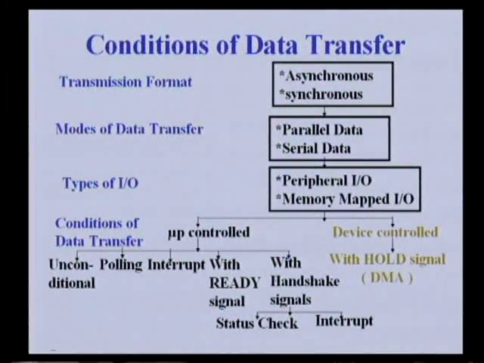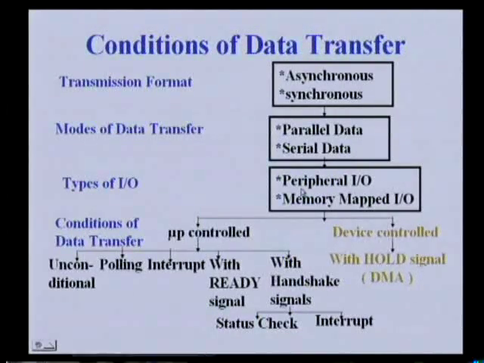There are some devices like cathode ray tube and magnetic tape. They solely work with serial data, and because of the advantages of using serial data, the transmission method has become an important part that we will discuss. And next, based on types of I/O, already we have discussed.